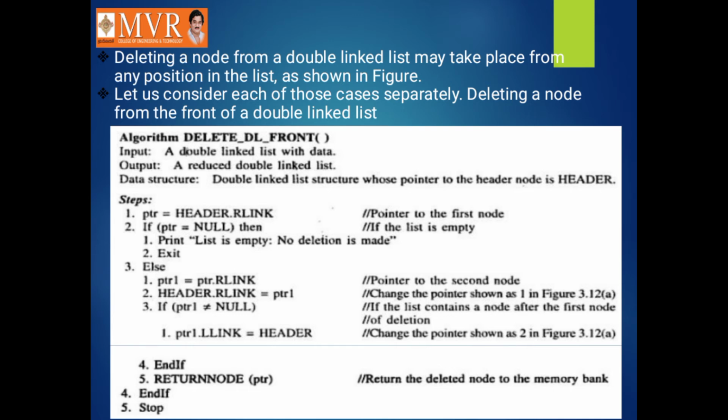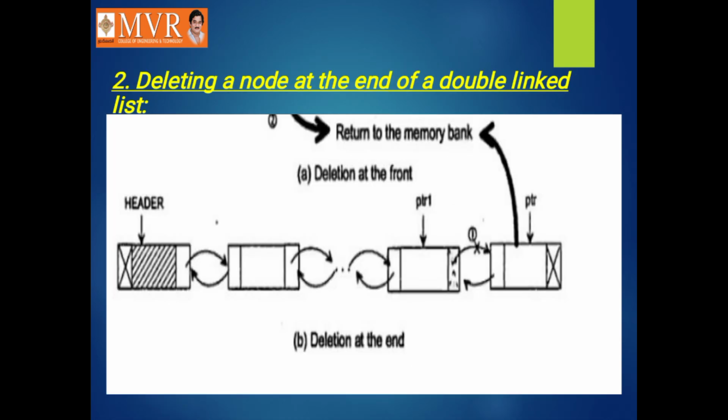Okay, and after that, return node of ptr, meaning after deleting the node, we will return it to the memory bank. Okay, this is the algorithm for deleting a node from the front of a double linked list. Next, deleting a node at the end of a double linked list.